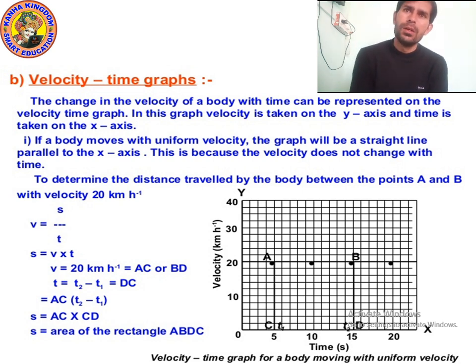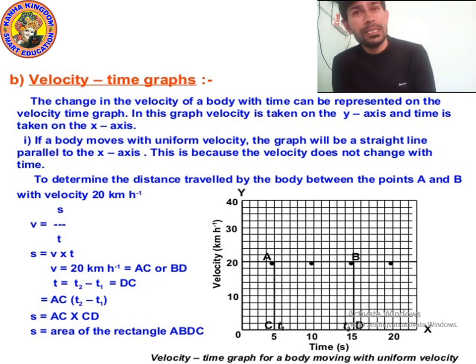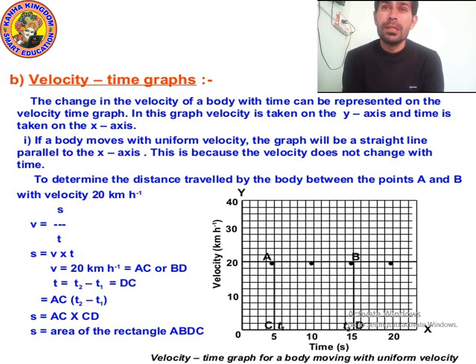The change in the velocity of a body with time can be represented on a velocity time graph. In this graph, velocity is taken on the y-axis and time is taken on the x-axis.